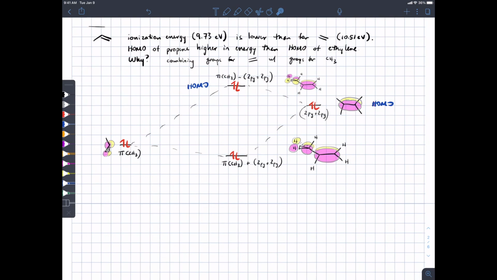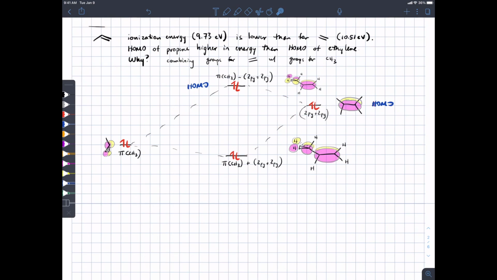Remember that if you mix a filled orbital with an empty orbital, the highest combination, the minus combination, is empty, and the lower combination is filled, and that's a stabilizing interaction. When you mix two orbitals that are already filled, you get one pair of electrons that's lower in energy and another that's higher in energy. And so this kind of mixing, because of this methyl group, actually destabilizes the HOMO, raises it in energy, and you'd predict then that maybe propene would be more reactive.